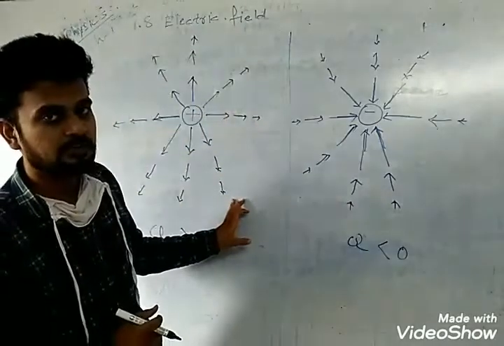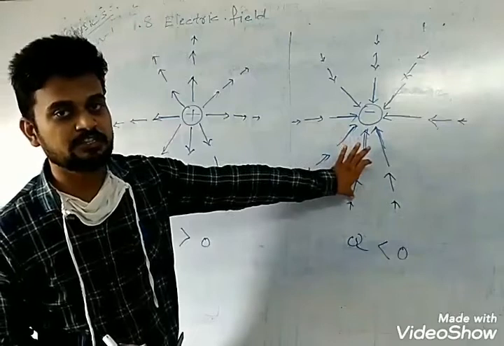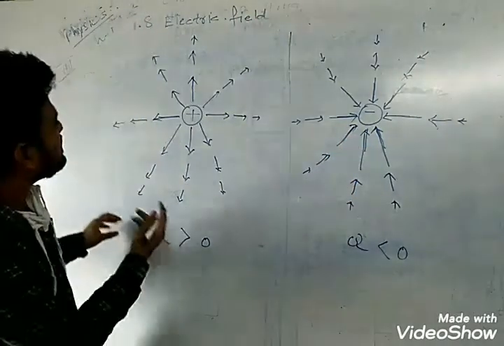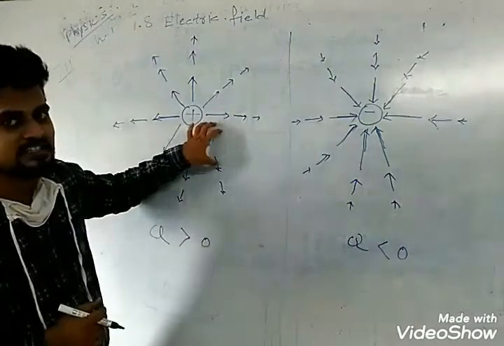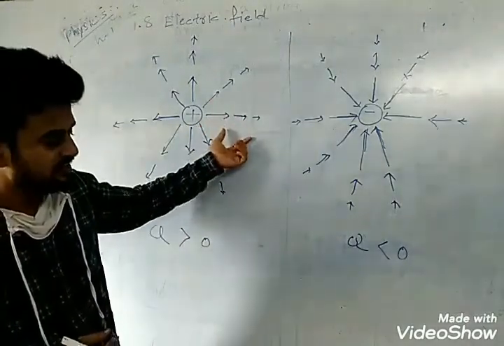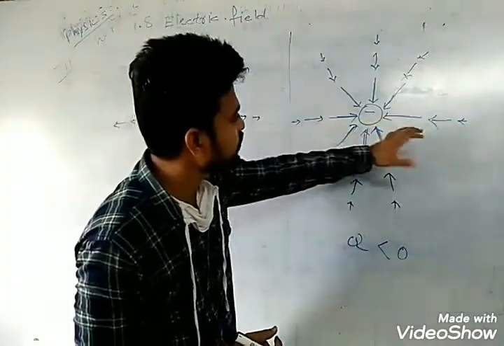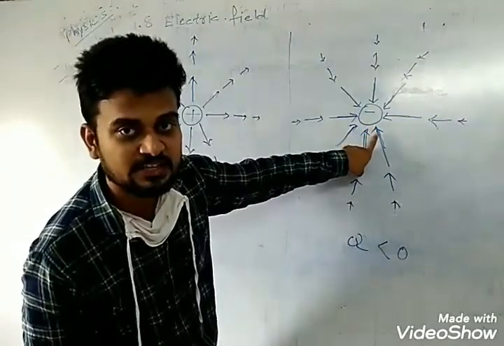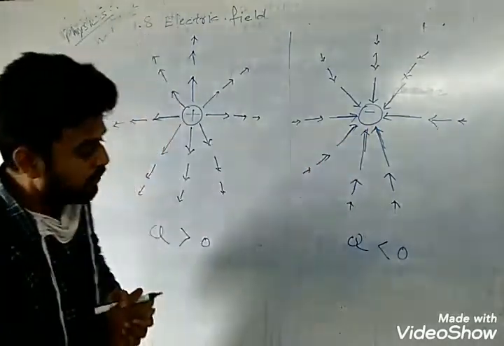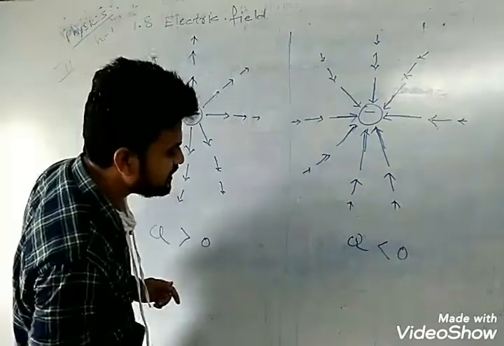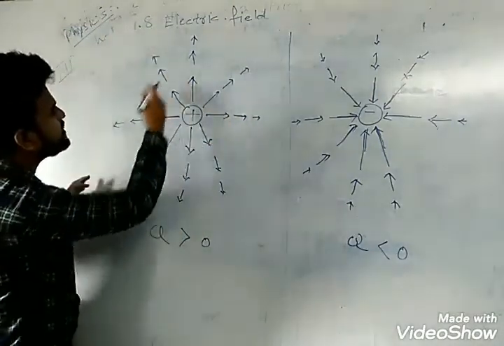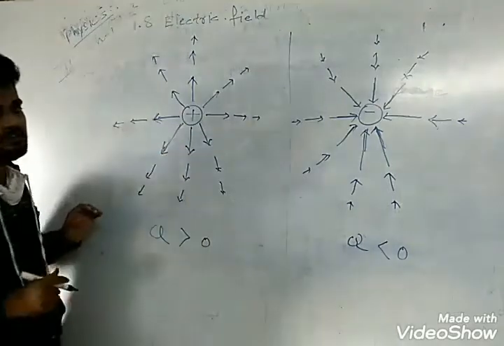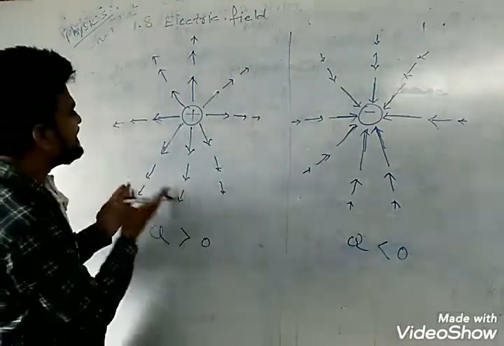In these two figures, positive and negative point charges, the electric field due to a point charge is represented using vectors. For a positive charge, the direction of the electric field is radially outward.